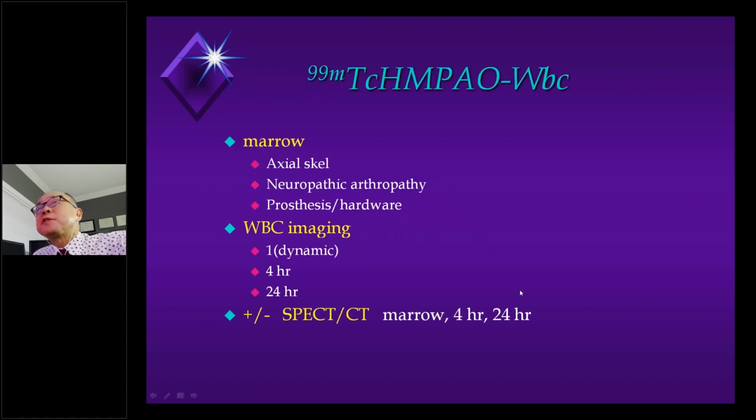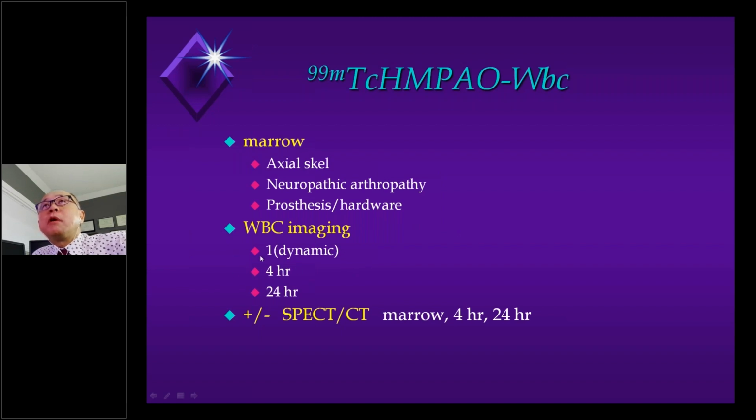Essentially, we've used it ever since the tracer was declared available and documented in the literature. We will add a marrow scan if we're dealing with a case that involves the axial skeleton, or neuropathic arthropathy, or of course, if there is prosthetic hardware, as the literature recommends.